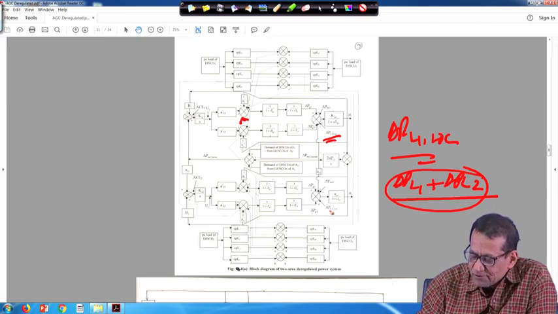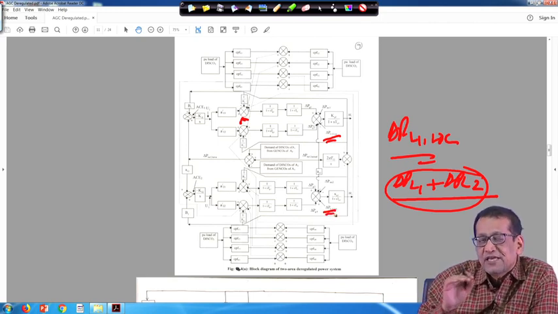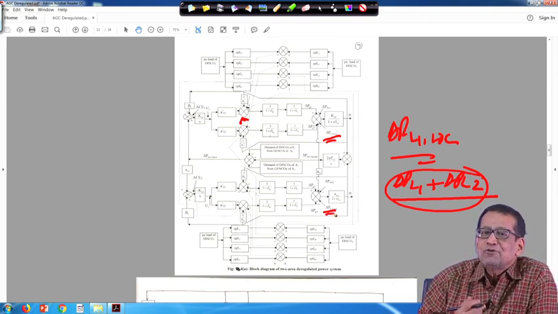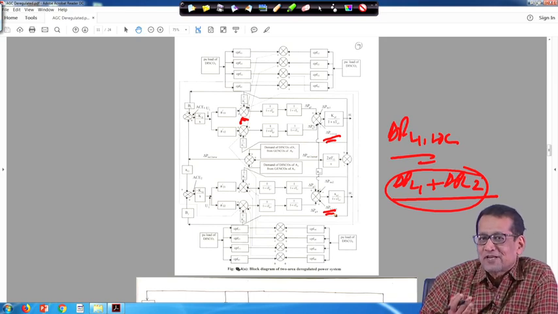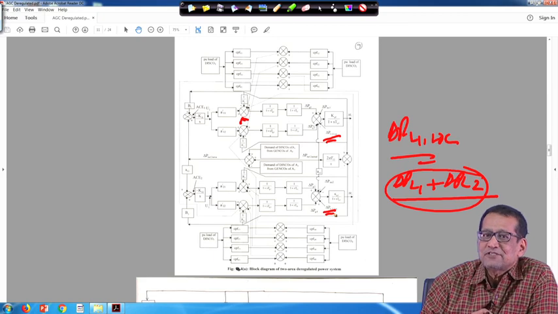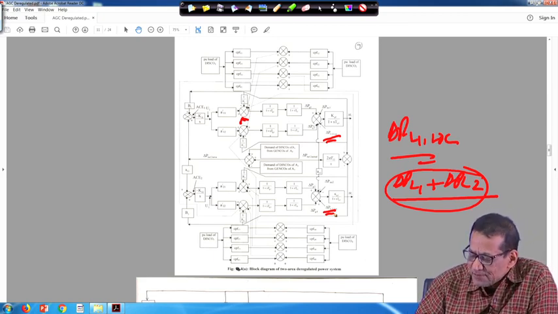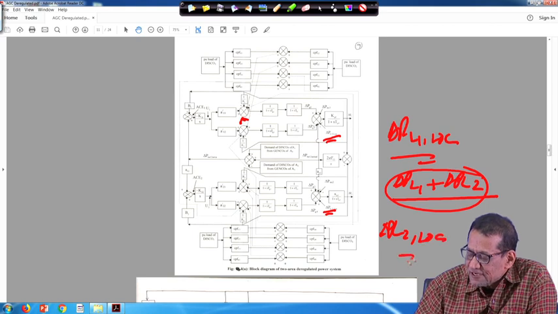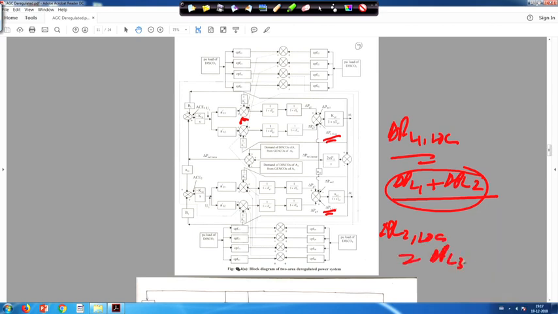Similarly, when you come to delta PL2 local, in area 2 you have two distribution companies, DISCO 3 and DISCO 4, with power demand delta PL3 and delta PL4. Therefore, delta PL2 local is equal to delta PL3 plus delta PL4.